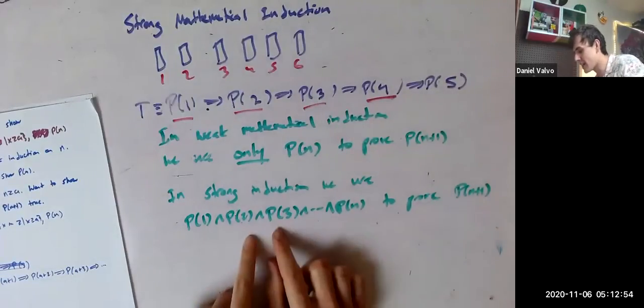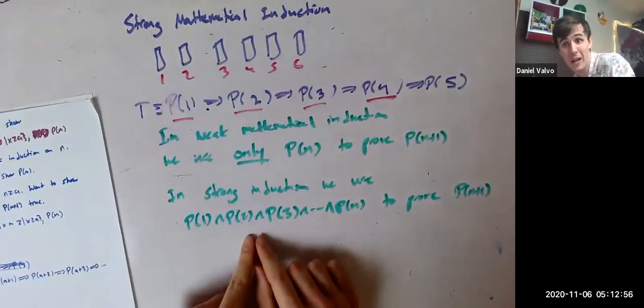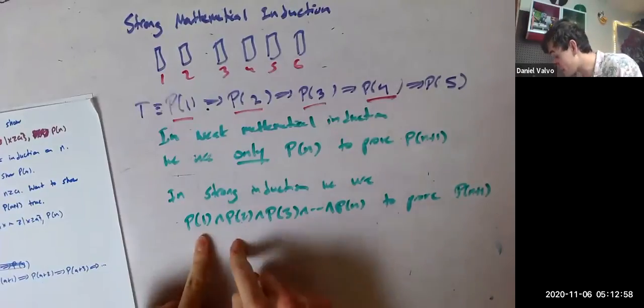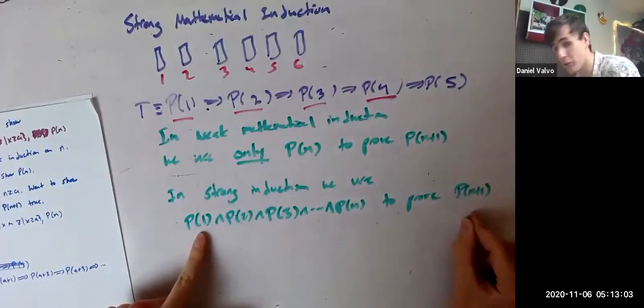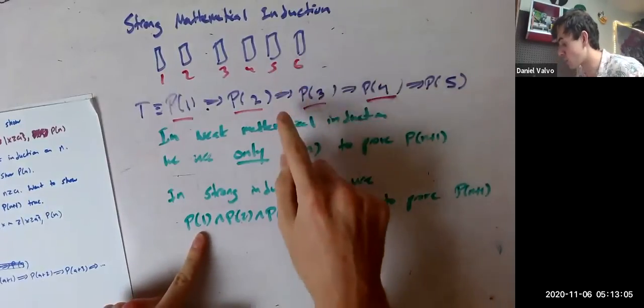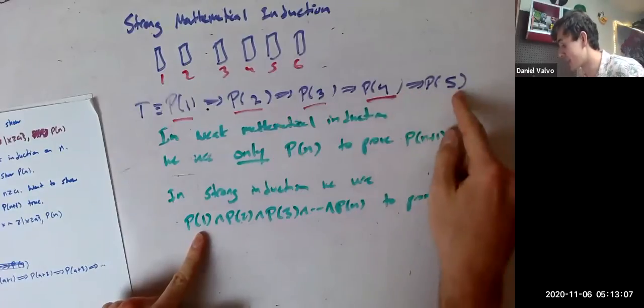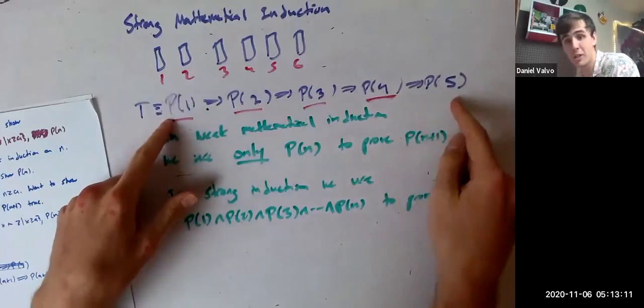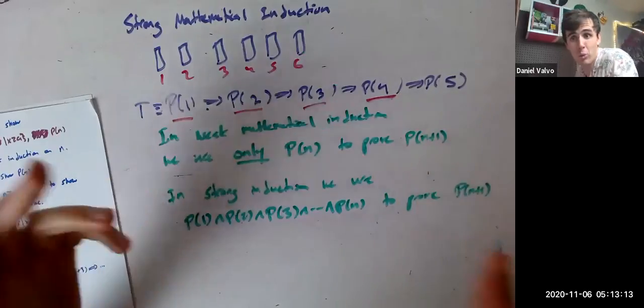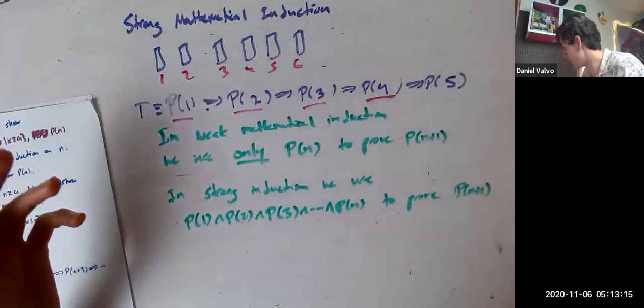And it's called strong induction because this is much more information, right? We're using P1, P2, P3 all the way out to Pn. We're using n things to just prove one thing. Whereas in the dominoes and weak induction, we just use one to show the next. Whereas in strong induction, we use everything before it to show the next. Which, why not, right?